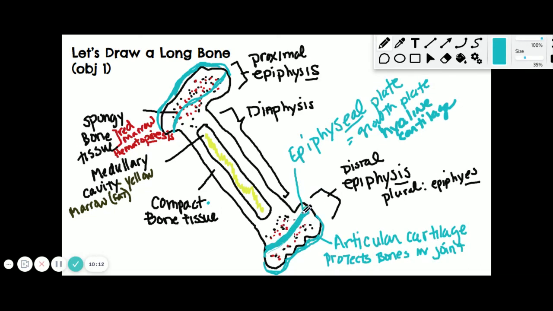Now you'll also see a natural gap or gray area between two neighboring bones in a joint because there's just soft tissue connections like ligaments or tendons that are spanning that gap.